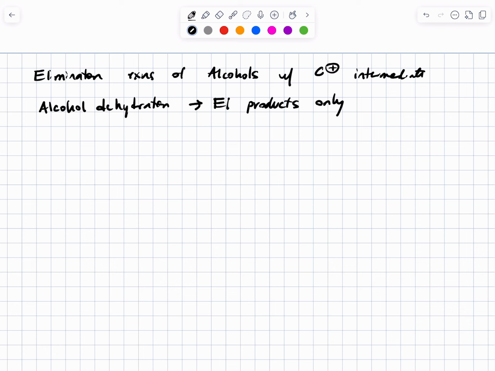You've actually seen an alcohol dehydration reaction on your exam. The starting material was this, and then the product was this.